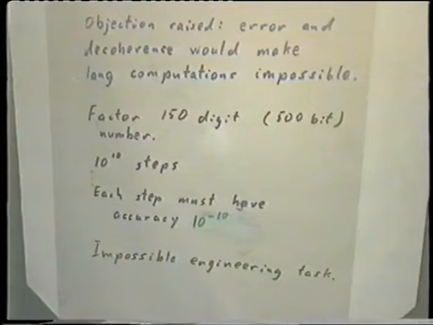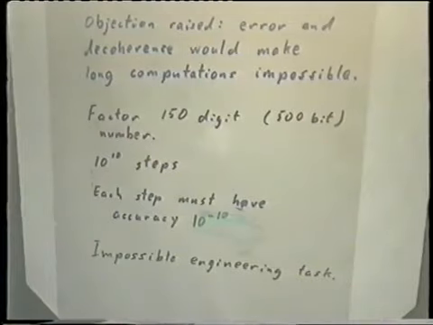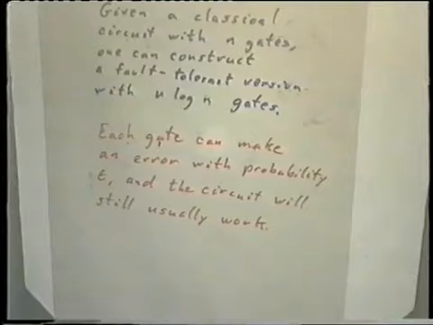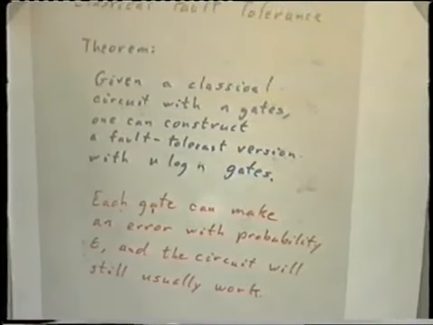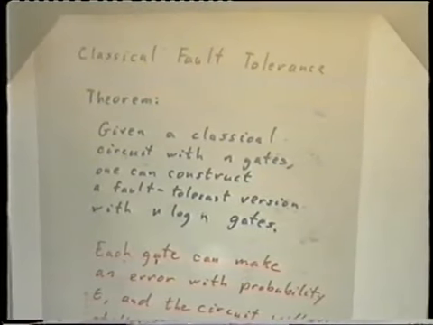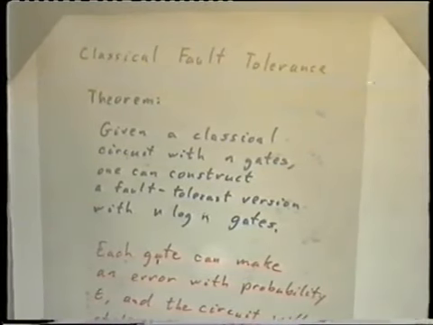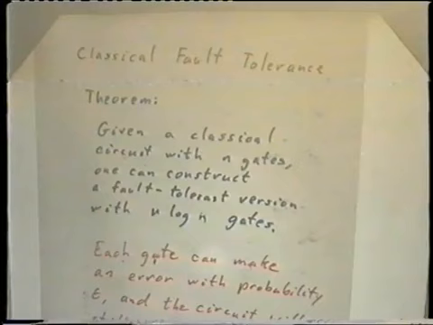Well, it turns out that exactly the same objection was raised in the 1950s when classical computers started working. And it turned out not to be an impossible engineering task. So computers we have today just work perfectly. They don't make any mistakes at all, except in software.